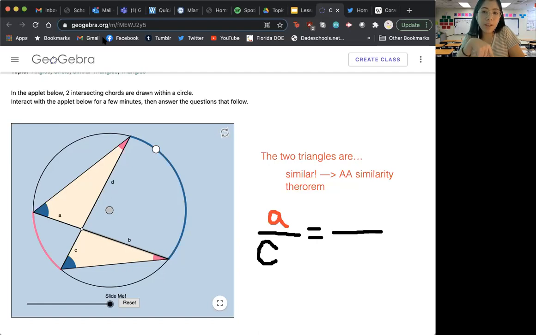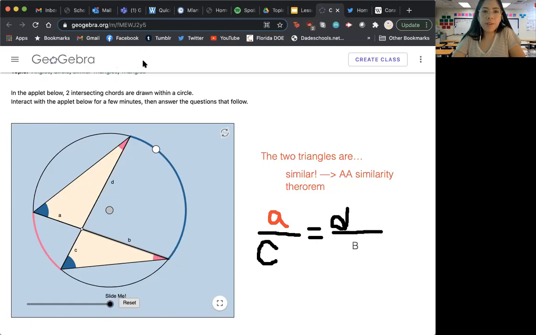A over C, short over short side, or small over small side, is equal to what? D. Good. Over B. Good. So A over C, right? Corresponding sides. A is corresponding to C. So A over C is going to be equal to D over B.